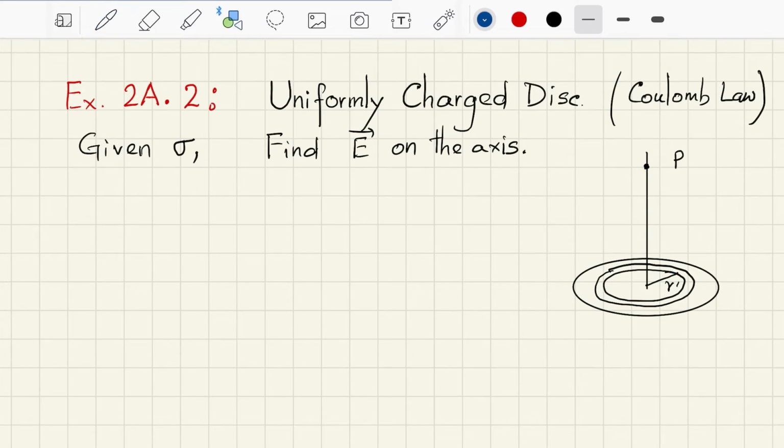This is my r vector, and this is the ring, and then I'll integrate over the ring.